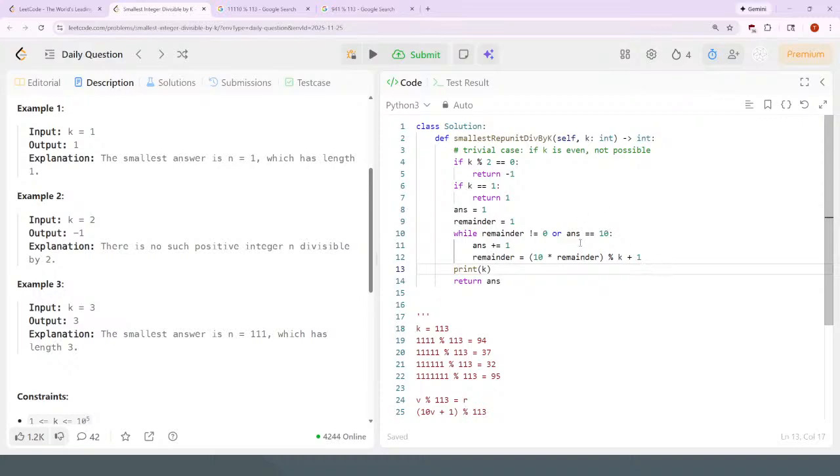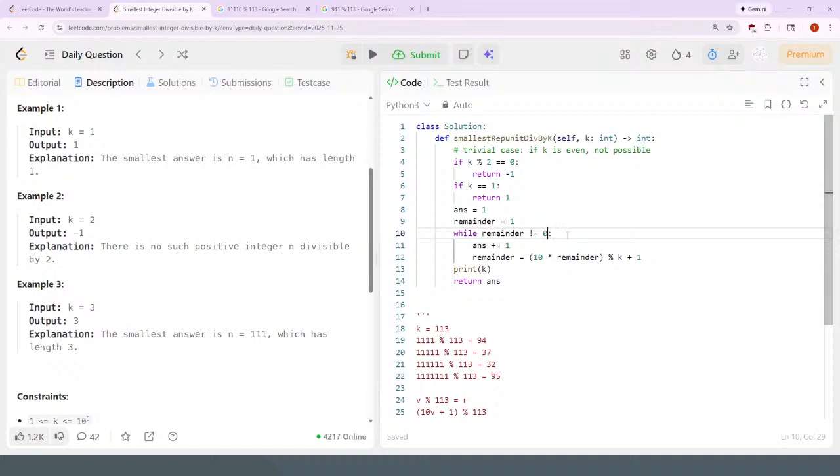Oh, this is OR. While the remainder doesn't equal 0. So case 3, the remainder starts with 1. 1 divided by 3 has a remainder of 1.